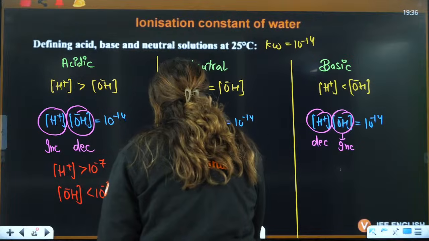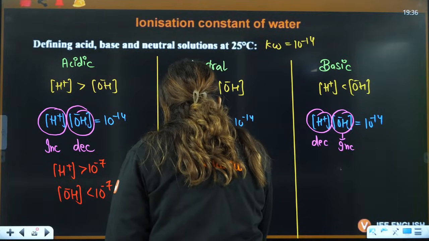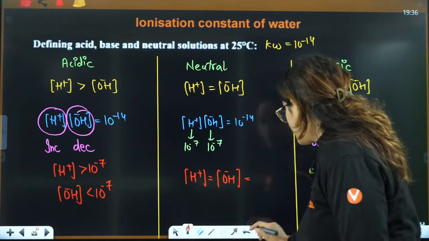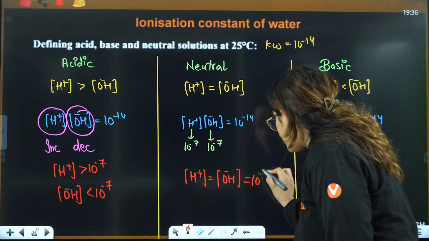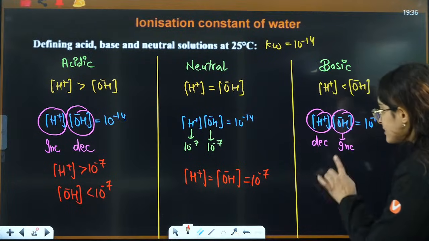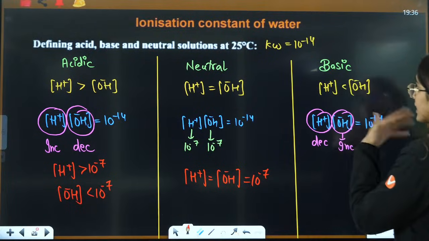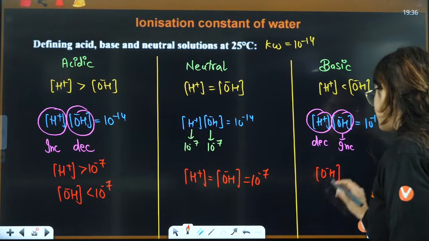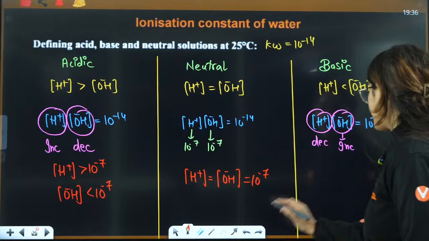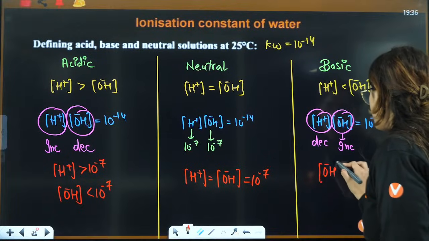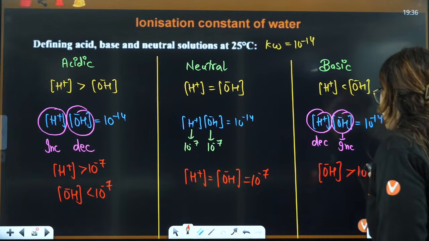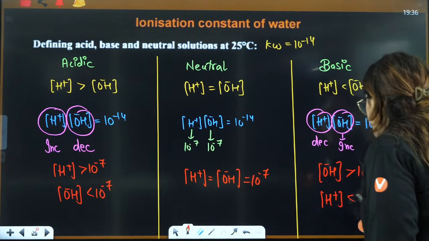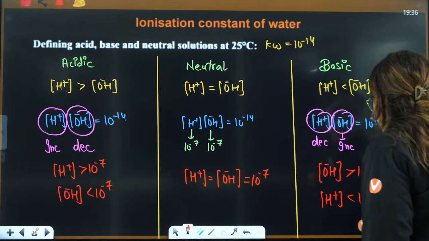Here H positive and OH negative are equal to 10 raised to the power minus 7. And in the basic case, because OH negative is increasing, OH negative concentration is greater than 10 raised to the power minus 7, and H positive concentration is less than 10 raised to the power minus 7.